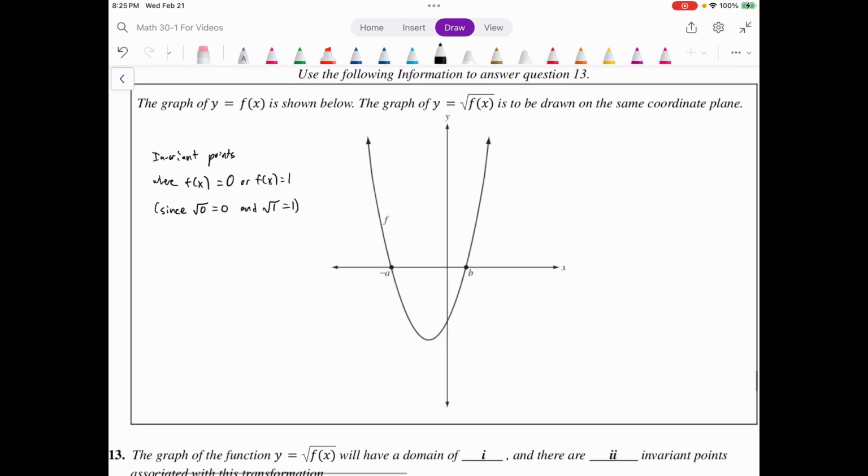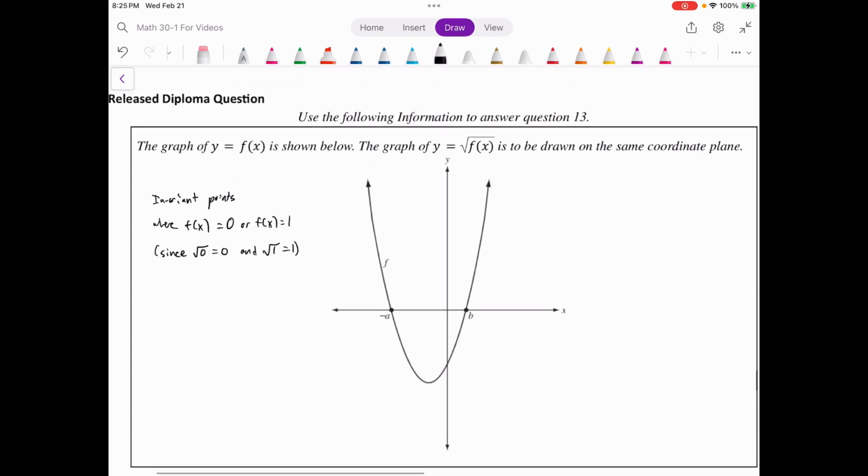So how many places here do you see where y is 0 and y is 1 on our original function? Well, I know they didn't label numbers here, but they don't have to, because this is going up forever. So no matter how our y-axis is scaled, these are going to cross 1, right? This arm will cross 1, this arm will cross 1. So let's pretend this is 1. I know it doesn't say that, but I see 2 there. It's going to have to cross 1. And I definitely see 2 here where y is 0, right?